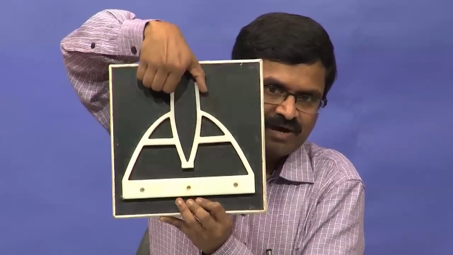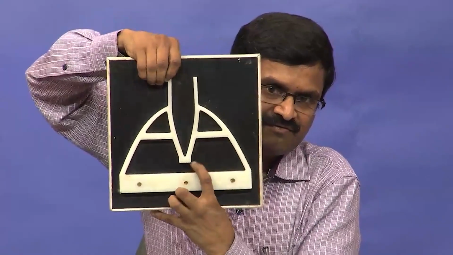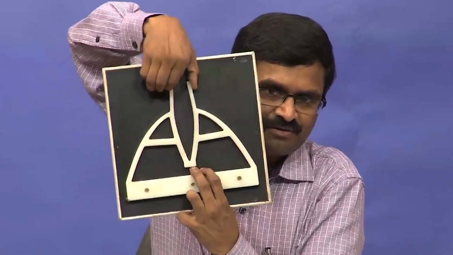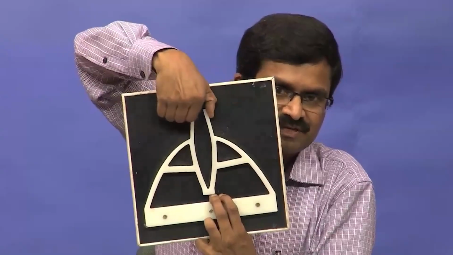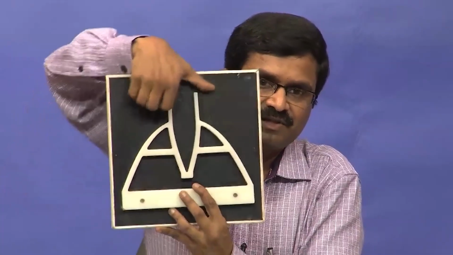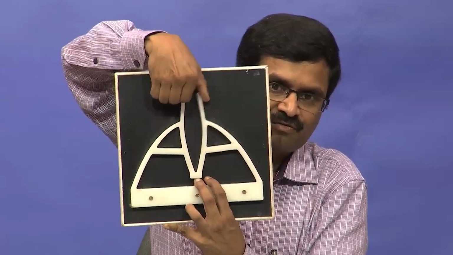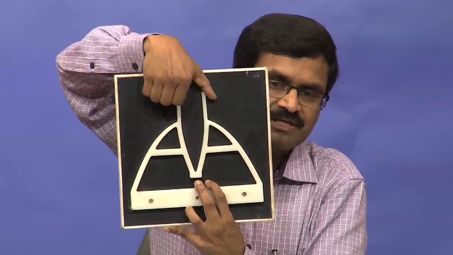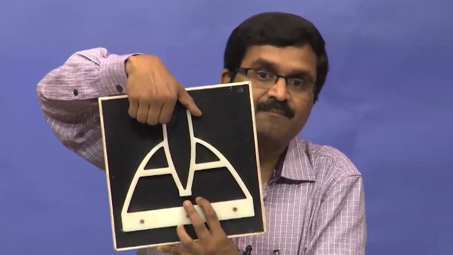In fact, if you were to have this device in your hand and put your finger over there, you can actually make yourself scream, meaning that it has very good mechanical advantage. With little force, you can generate a lot of force at this point. So, this is a mechanism that amplifies force. There are other things where you can amplify displacement if you want. So, here is one that amplifies displacement.